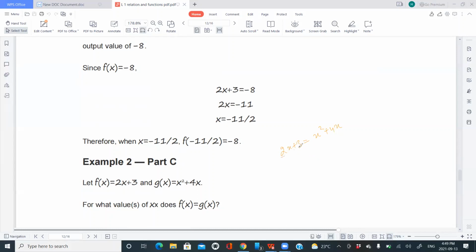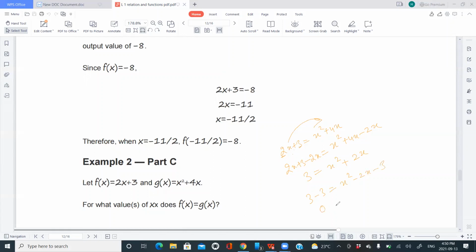I will take both of these things to the right side. How? 2x plus 3, minus 2x to the left and minus 2x to the right. Here these both become 0, so only 3 is left. x square plus 4x minus 2x will become plus 2x. Now 3, minus 3 to the left and minus 3 to the right.